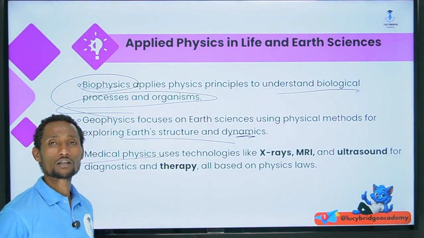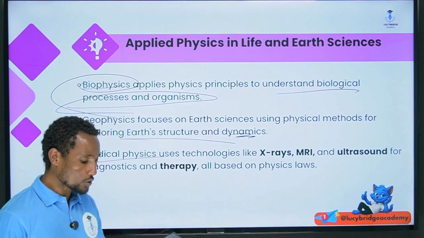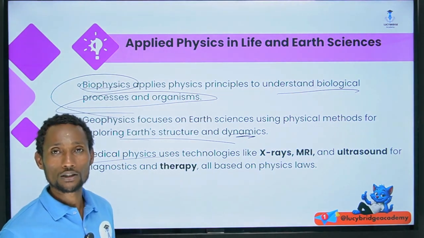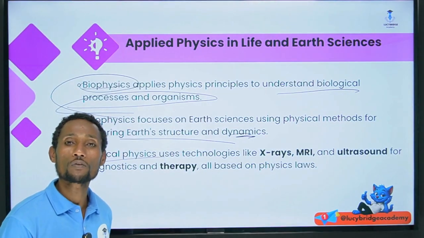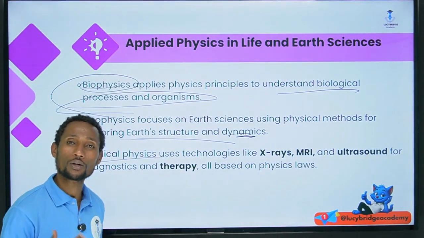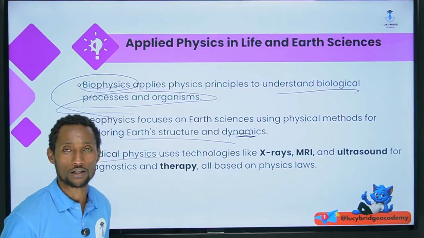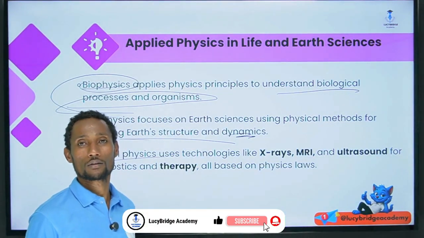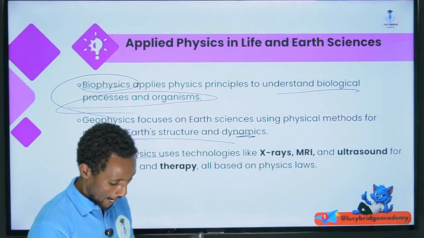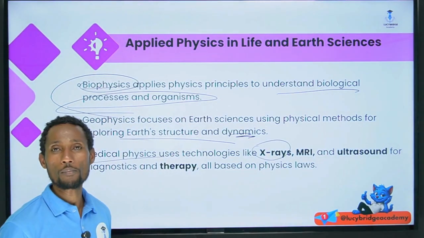In medical physics, they use what? Different technological devices used to treat patients, or to check the condition of the patient, or the condition of the internal organs of the person. Like using X-ray to check the fracture of a bone.